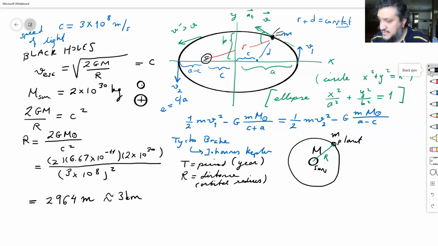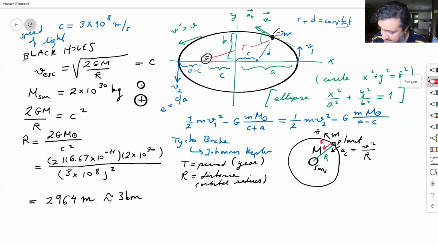Remember, when an object goes around a center with velocity v, there will be an acceleration which points to the center, therefore centripetal acceleration. That is equal to v squared over r. If that's the acceleration, what causes that acceleration? Newton says the answer is, of course, the gravitational attraction, which has to be in the same direction as the acceleration, and that points to the sun.